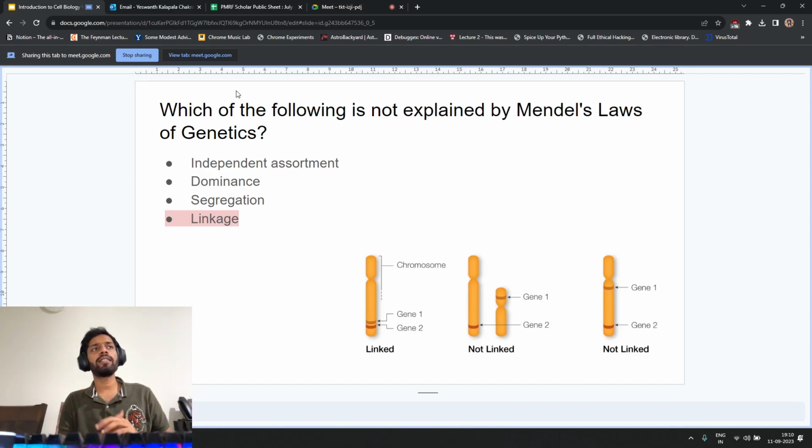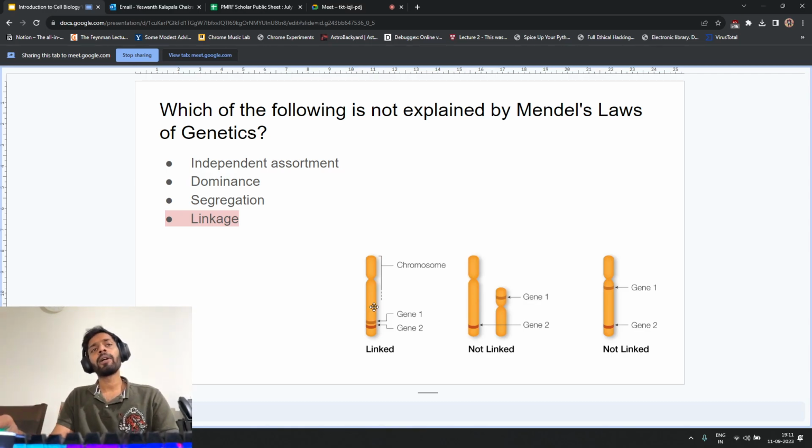Essentially, what linkage means, as a refresher for those of you who might have not remembered. If you have two alleles that are in very close proximity to each other, what usually happens in a biological setting is those two genes would have a very high probability of getting segregated and transferred together. So if gene 1 and gene 2 are in very close proximity to each other when this chromosome replicates during mitosis or meiosis, gene 1 and gene 2 get segregated together.